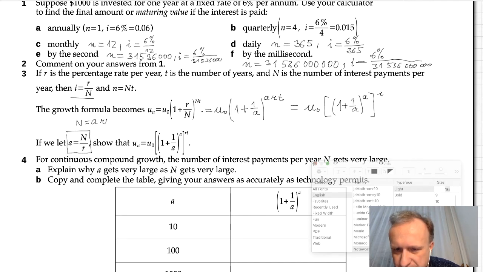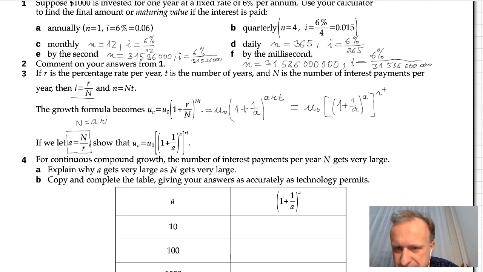And this is the formula that we had to show is true. What I used were just simple power laws: if you have the power of a power, you multiply the exponents. Now, what is interesting is this interior part here.